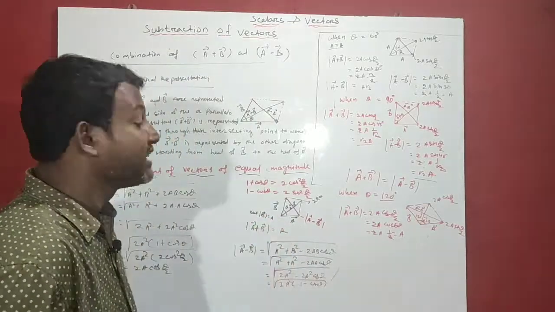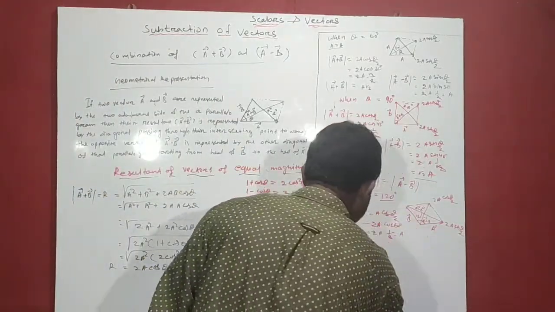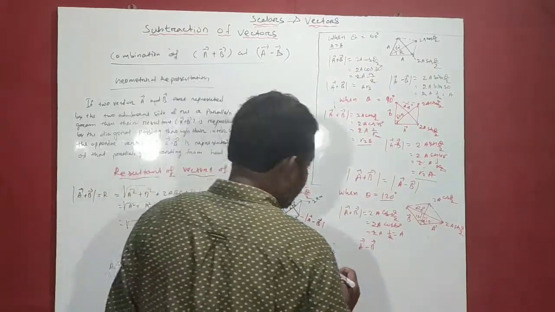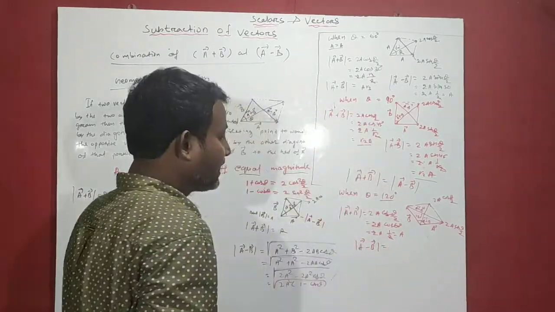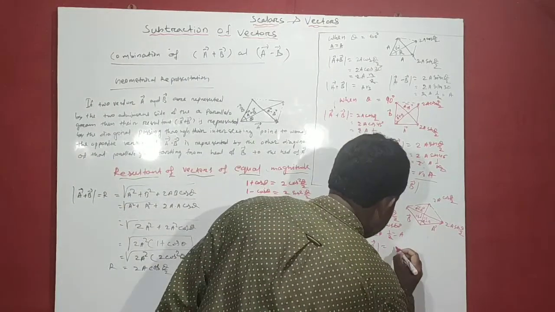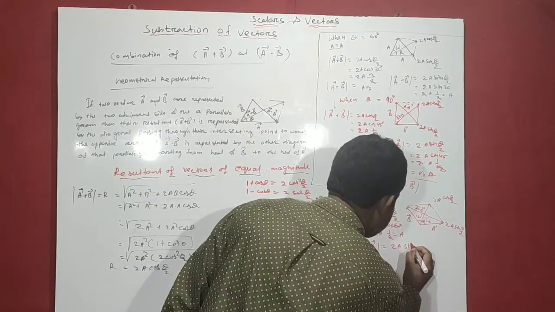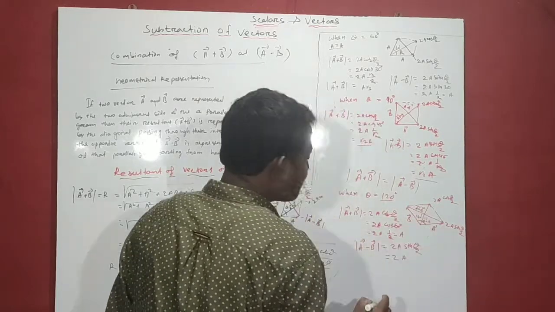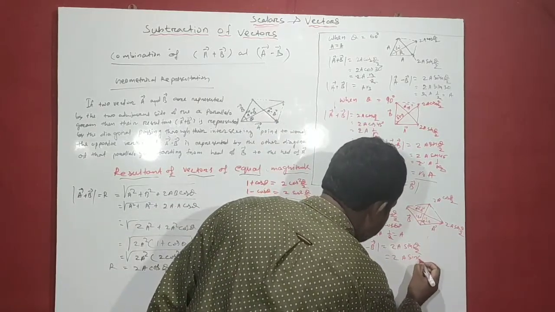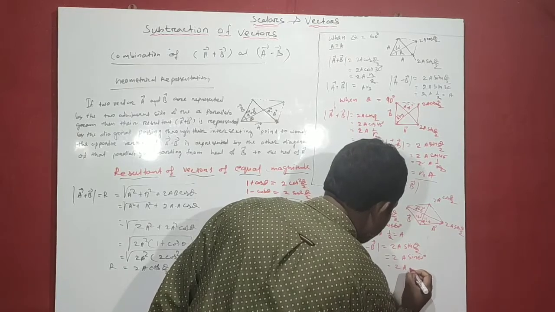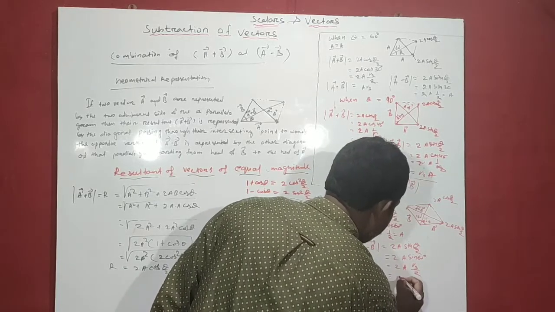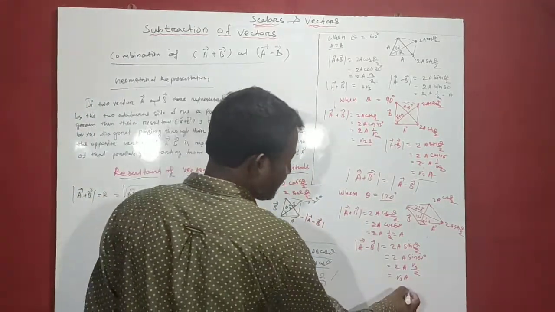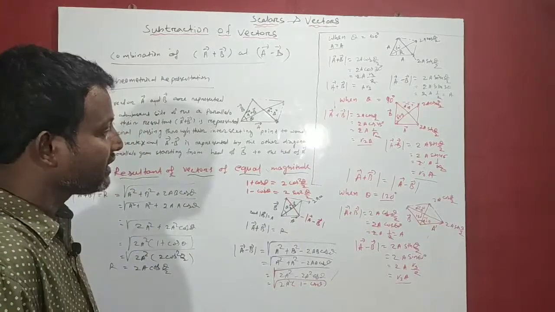Next, the magnitude of A difference B is equal to 2A sin theta by 2, that means sin 60 degree, which is root 3 by 2. The 2 cancels, giving root 3A. This is the magnitude of A difference B.